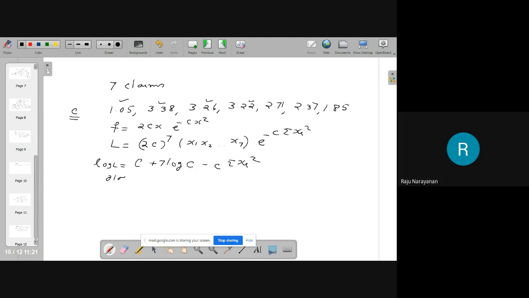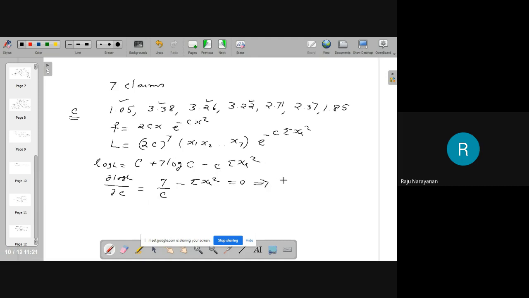Therefore, d log L by dc is equal to 7 by c minus sigma xi square. Now you put this equal to 0.